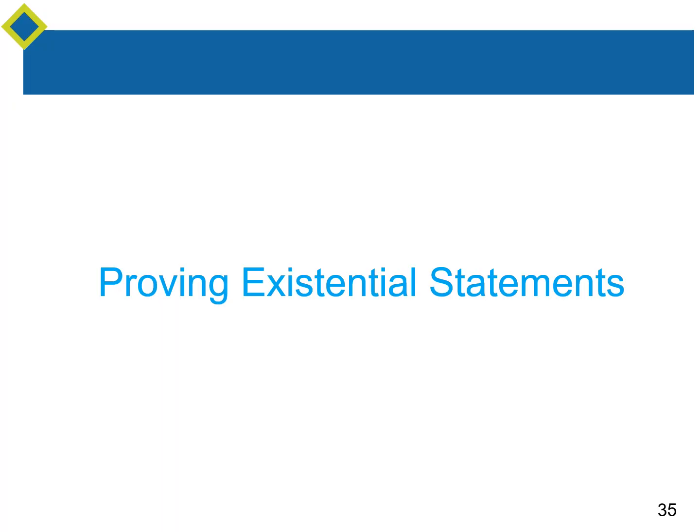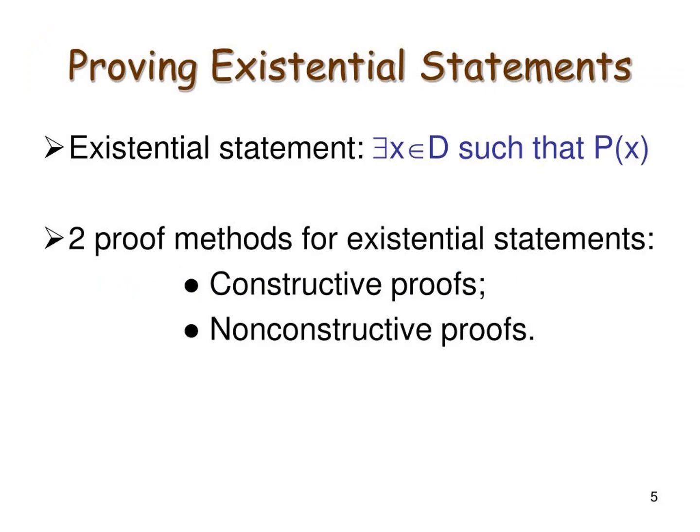Proving existential statements. Okay, for an existential statement we use the existential symbol. This is a general definition for an existential statement. We can use two proofs, constructive proof and non-constructive proof.